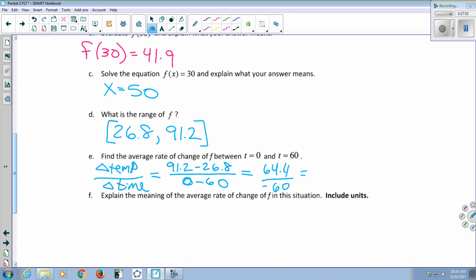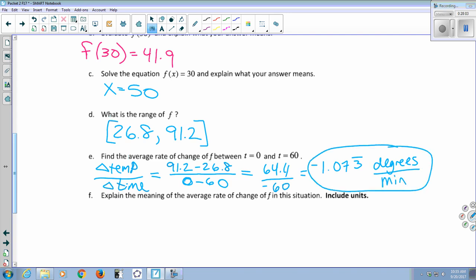So I get negative 1.073 degrees per minute. That is my average rate of change. On average, my tea is changing by decreasing 1.073 degrees per minute.